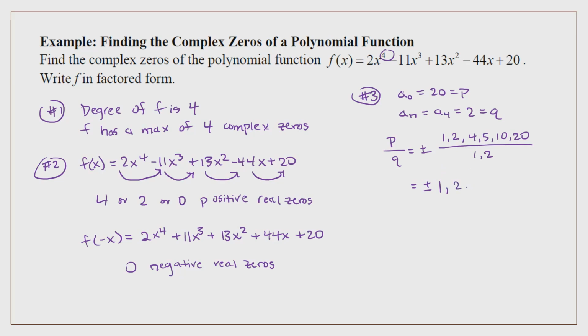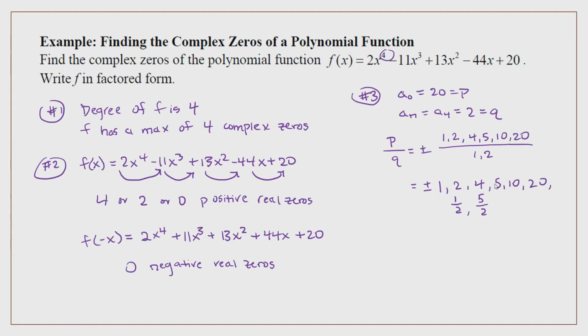And then 2, 4, 5, 10, and 20. Now I'll divide everything by 2. So we could have 1/2. 2 divided by 2 is 1. 4 divided by 2 is 2. 5 over 2. 10 divided by 2 is 5. And 20 divided by 2 is 10. So these are the possible zeros for the problem.